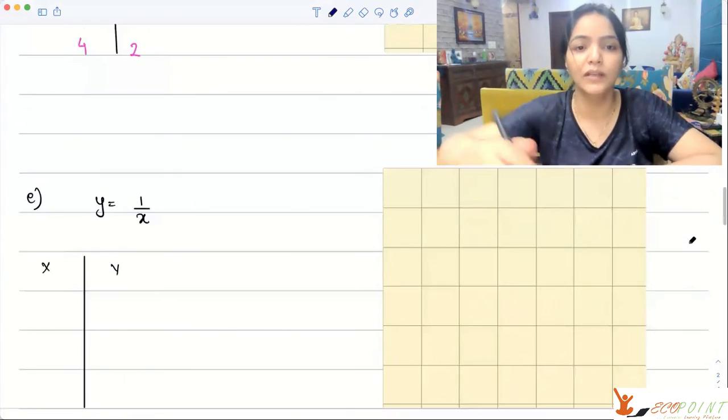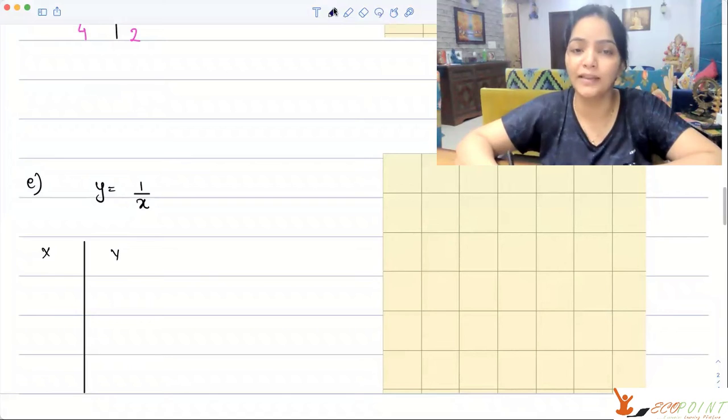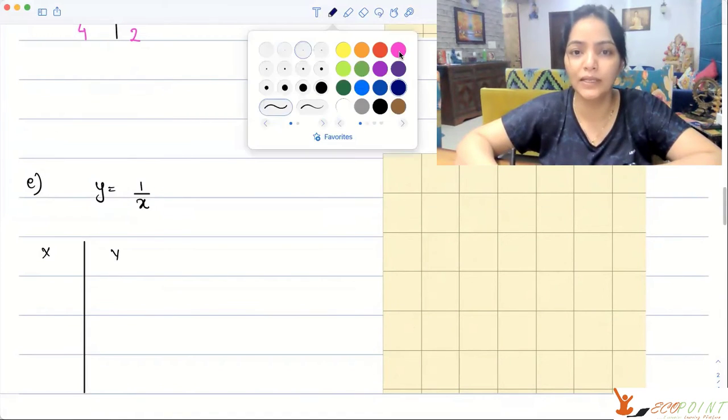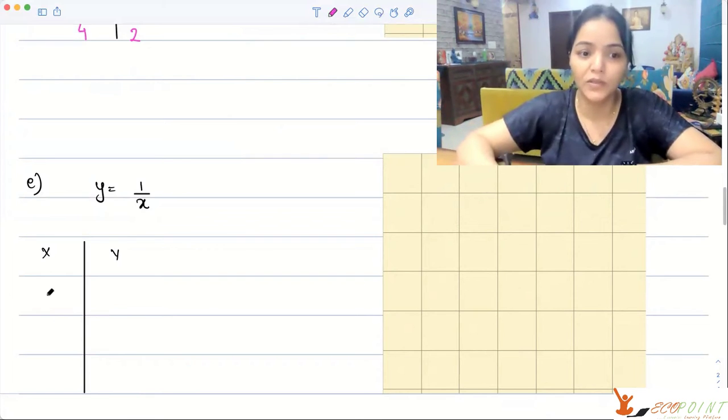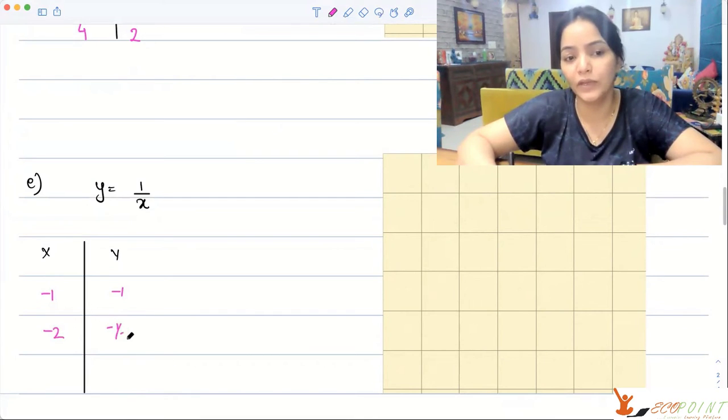The next one I am looking at is 1 by x. Now, when it is written 1 by x, you can have negative and positive inputs. So if x is 1, you will get 1. When x is -1, you will get -1. When x is -2, you will get -1 by 2. When x is 0, you have infinity.